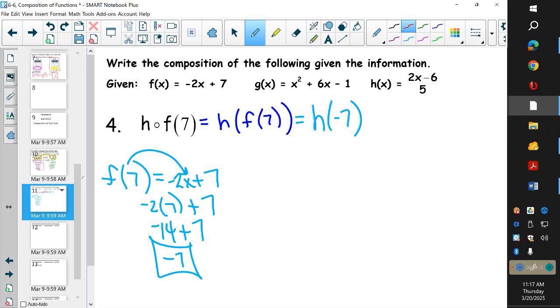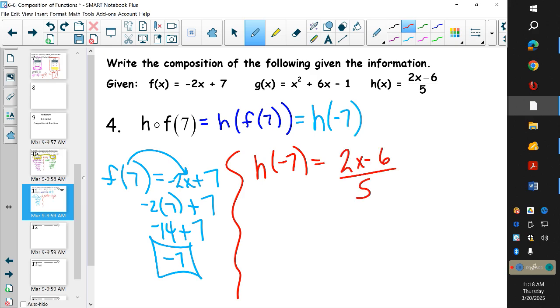So now I'm going to be doing H at negative 7. What is H defined to be? Very good. And every place I see an X, what goes in its spot now? Negative 7. So this is going to be 2 times negative 7 minus 6 over 5. Well, what is 2 times negative 7?